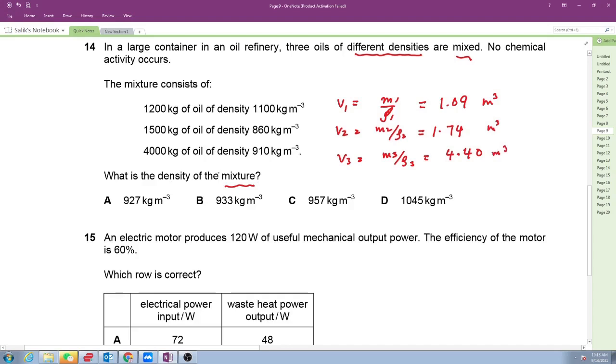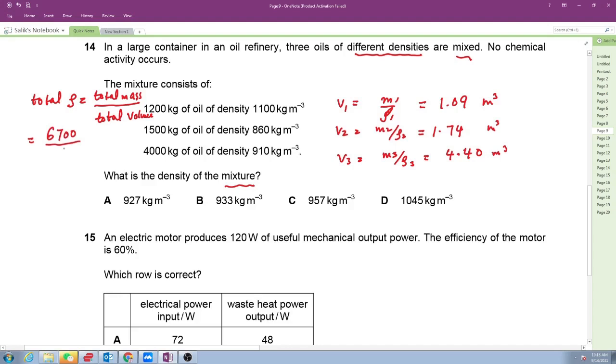Now we are going to find the density of the mixture. The total density equals total mass over total volume. The total mass is the sum of all these masses, and the value comes to 6700.